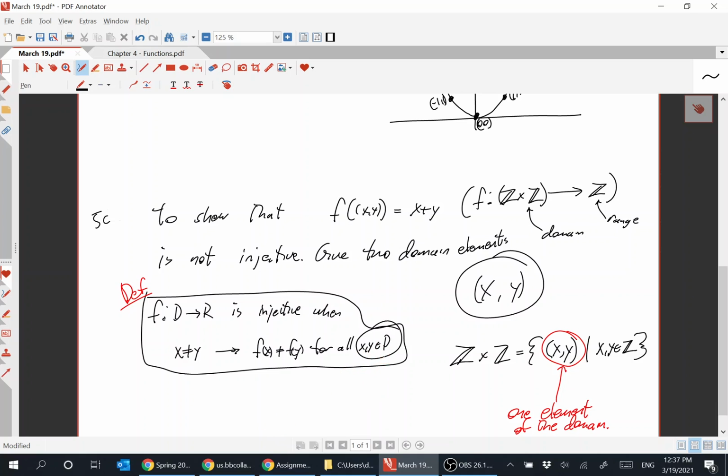What do I know about D? I know nothing about D. So when I refer to an element of D, I just call it x. There are two elements of the domain.